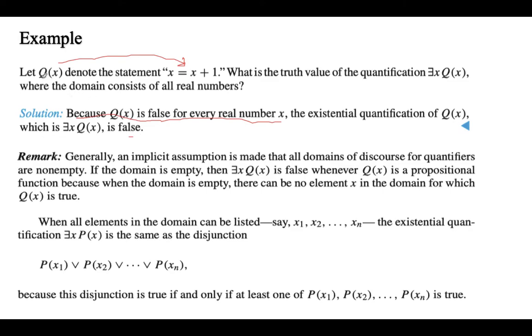If we check any real number, suppose we take 2.5, then 2.5 equal to 2.5 plus 1 is not possible. So the statement "there exists x, Q of x" is false.